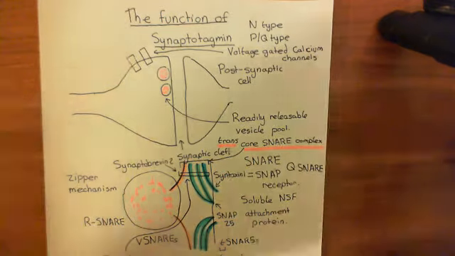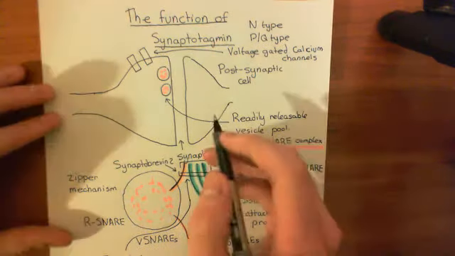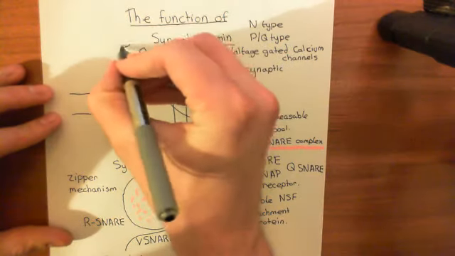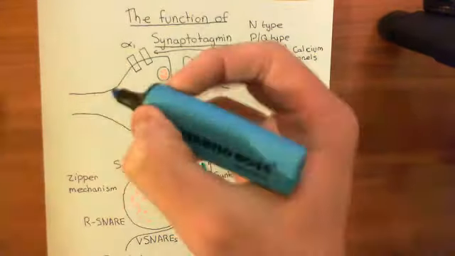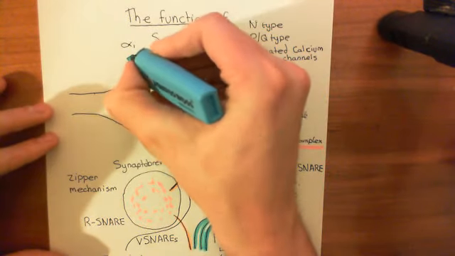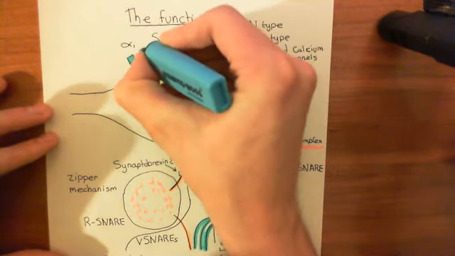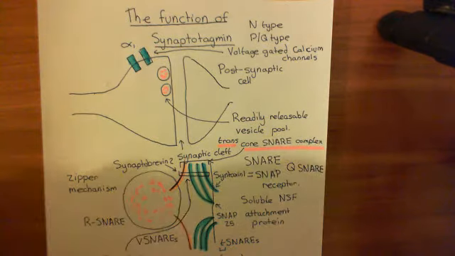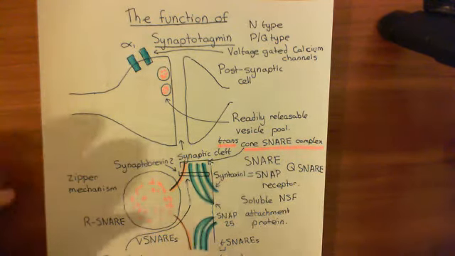Well, voltage-gated calcium channels are made up of multiple subunits. The main and most important subunit is known as the alpha-1 subunit, which is the one I've drawn here. It's the one that actually has the pore which allows the calcium to move through. So it's the one which actually is a calcium channel. The others all just stick on the side of it and modulate its function.